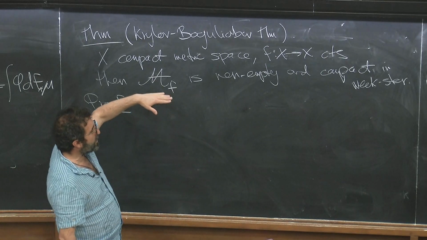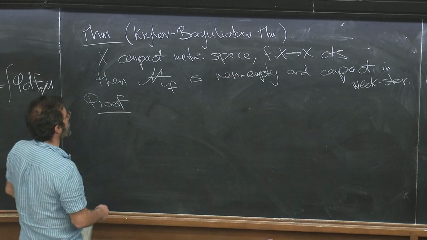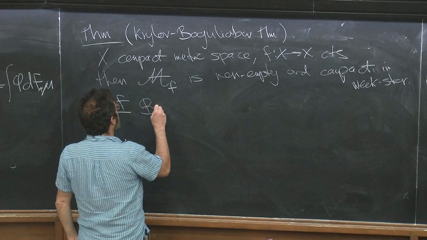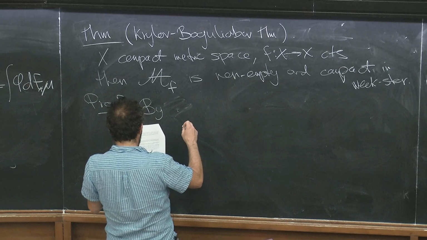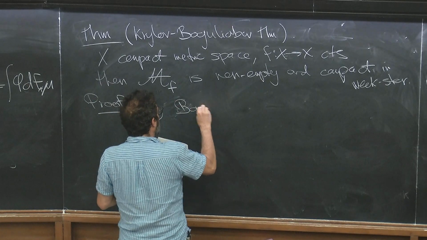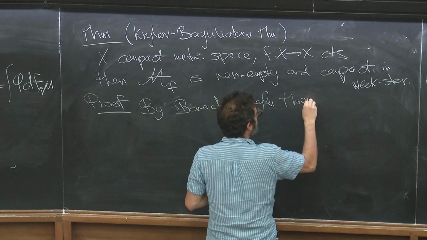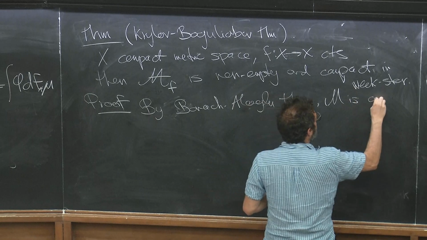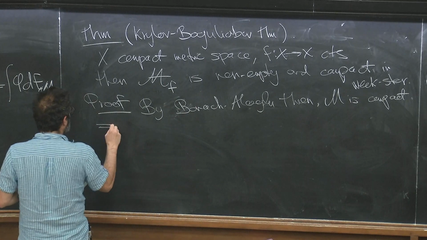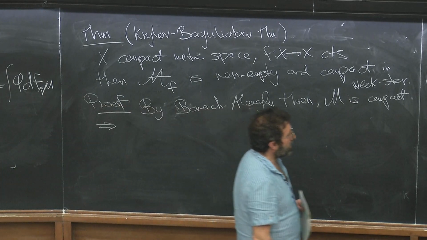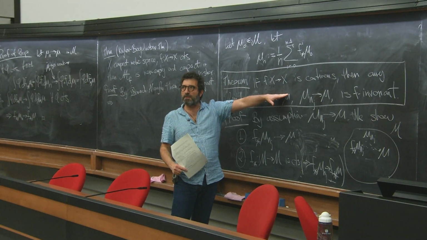It's basically a consequence of that, but first of all, the non-emptiness follows exactly as you say from that. So by this general result, by the Banach-Alaoglu theorem, M is compact. So this means that every sequence has a converging subsequence, right?